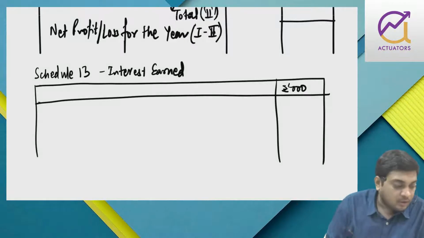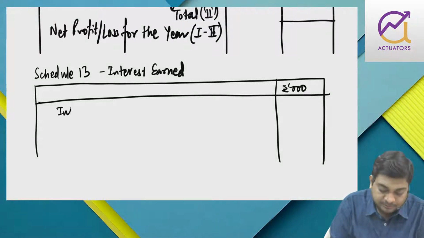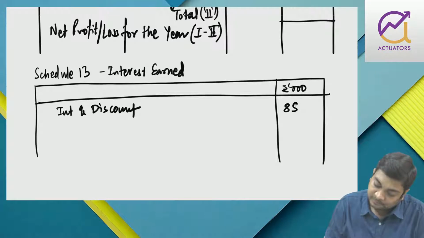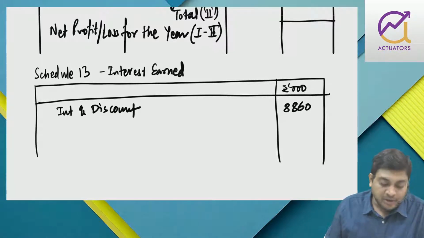Right. So interest and discount we have 8860. We have rebate on bill discounted to be provided.